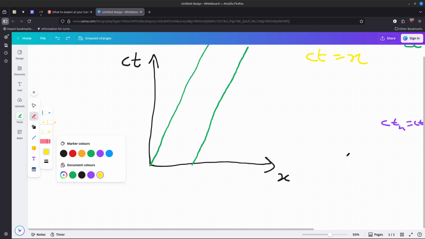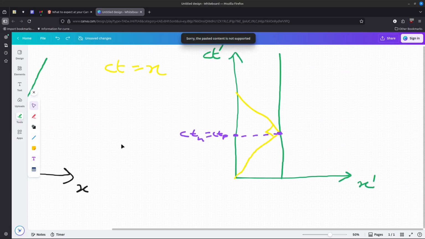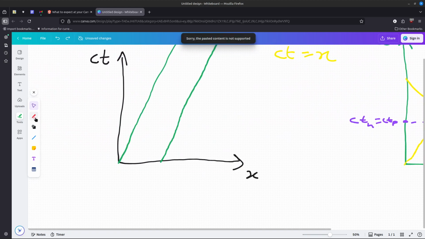So just like how over here the light made 45 degrees, there will also be 45 degrees, making a right angle triangle in a beautiful way, as you can see.